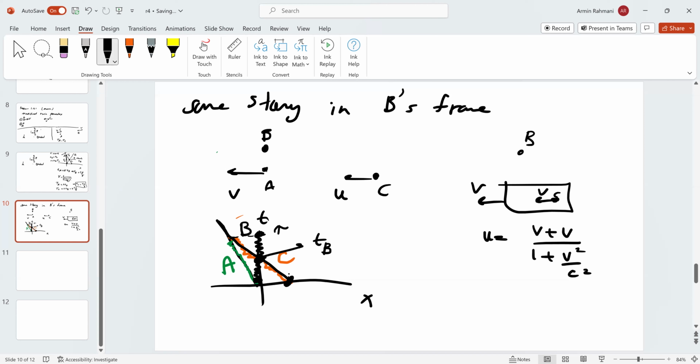Well, let's call this T1 sub B, and this is T2 sub B.